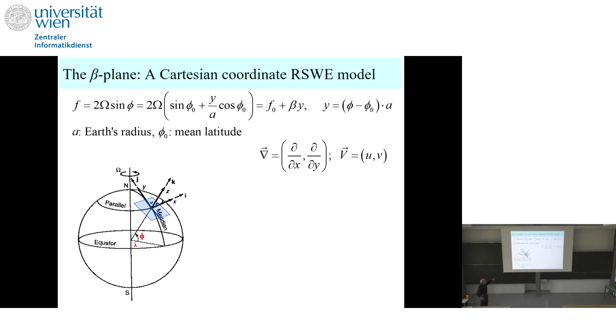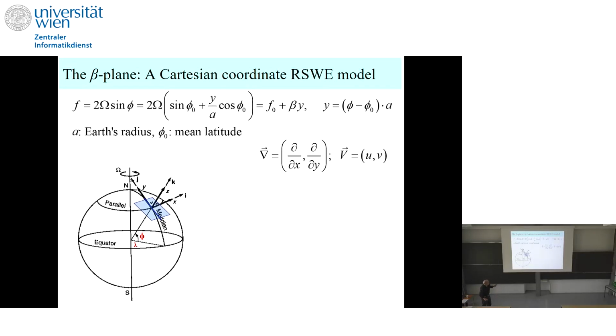And what we do is we attach a plane that's tangential to the sphere at some latitude, and we live on that plane. We forget about the sphericity of Earth.